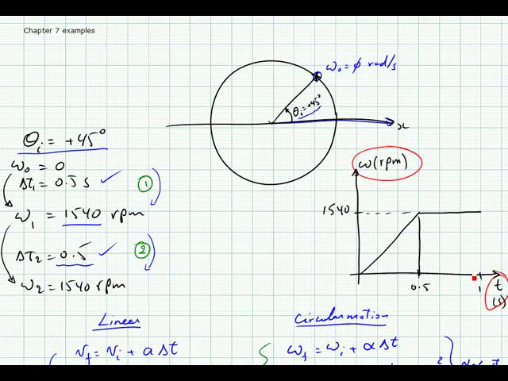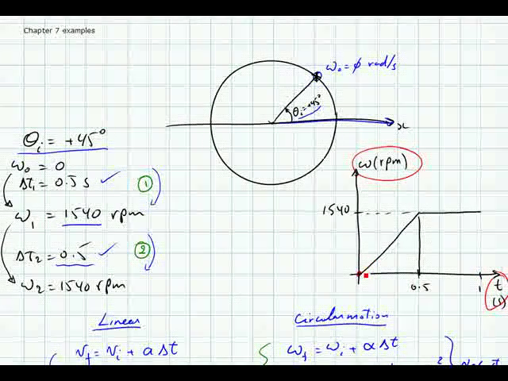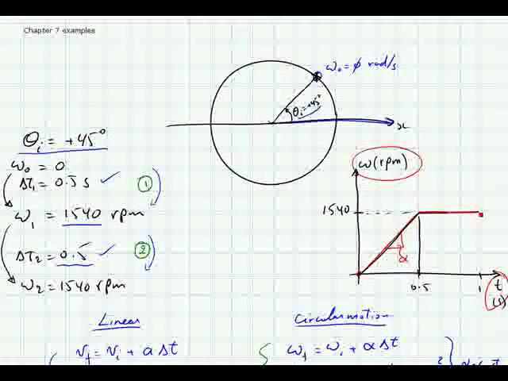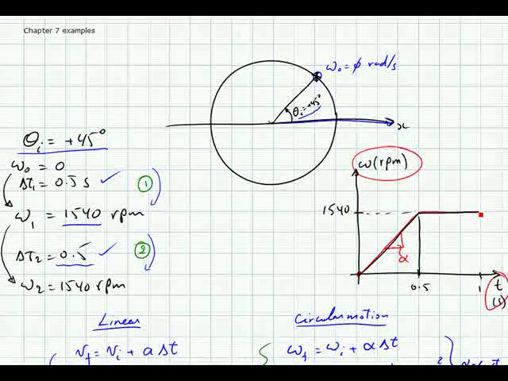omega versus t. We know the object starts at rest and then it winds up at a constant rate to 1540 RPM, so that's our straight line going up, constant slope, and this slope here of course is our alpha, and then it continues at that constant RPM for another half a second.